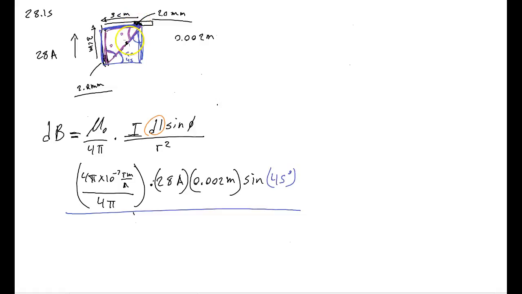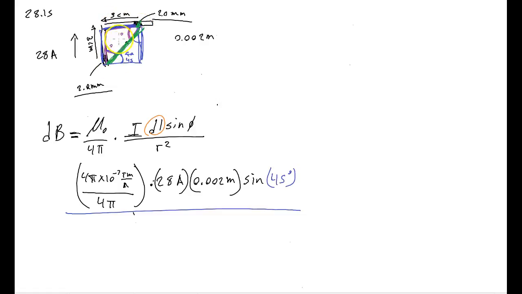We know that in order to get the distance from the wire to the point, first we need to find this distance and then divide it by 2.